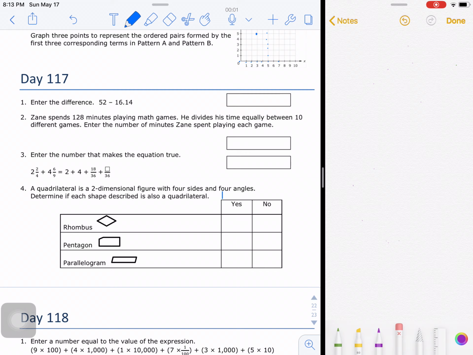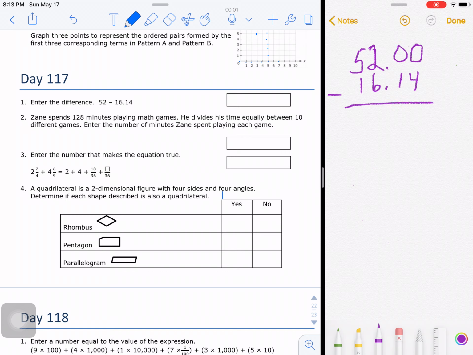So let's take a look at problem number 1. It says enter the difference 52 minus 16 and 14 hundredths. When we add and subtract, we always have to line up our place value. Now you notice 52 does not have the tenths or hundredths recorded, so I'm going to do that.